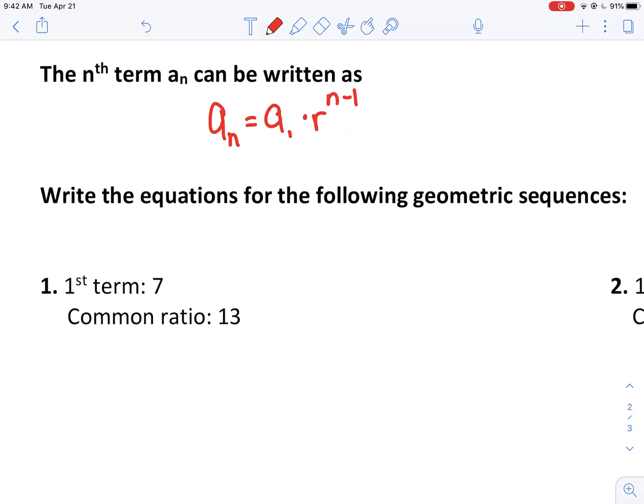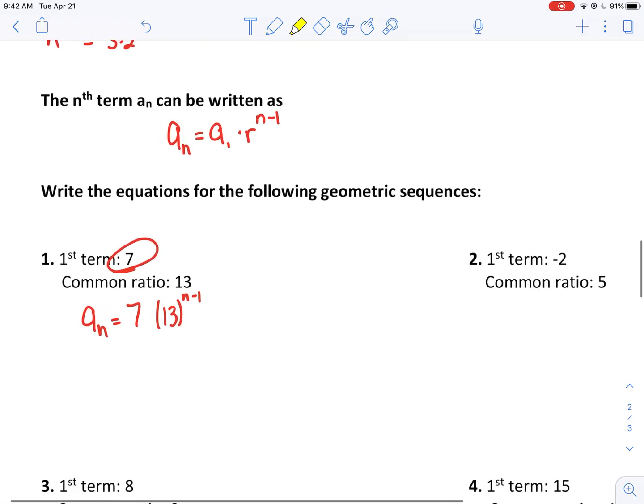So the nth term, a sub n, can be written as a sub n equals my first term times the ratio to the n minus 1. So let's get some practice with that. My nth term is going to be my first term, 7, times my common ratio of 13 to the n minus 1.